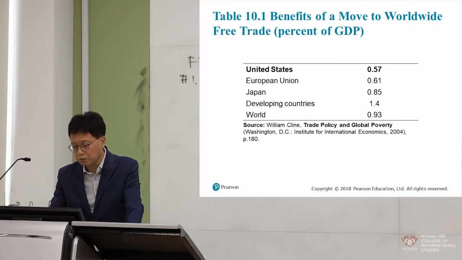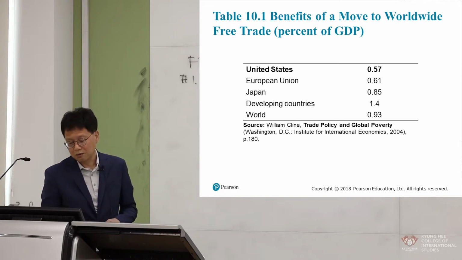That is a simulation, a computable general equilibrium analysis. Source: William Cline, Trade Policy and Global Poverty. So that is the result of a computable general equilibrium model. Actually, I'm doing the same kind of simulation.